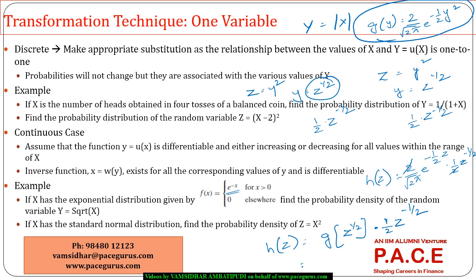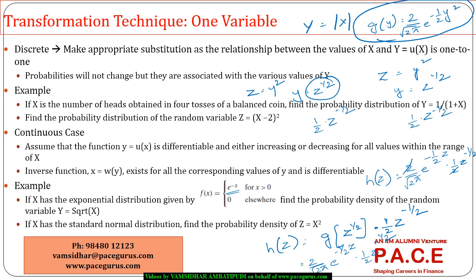So this will become 2 by root 2 pi e to the power of minus half z into half z to the power of minus half. So this would become the probability density function of z equal to x squared.